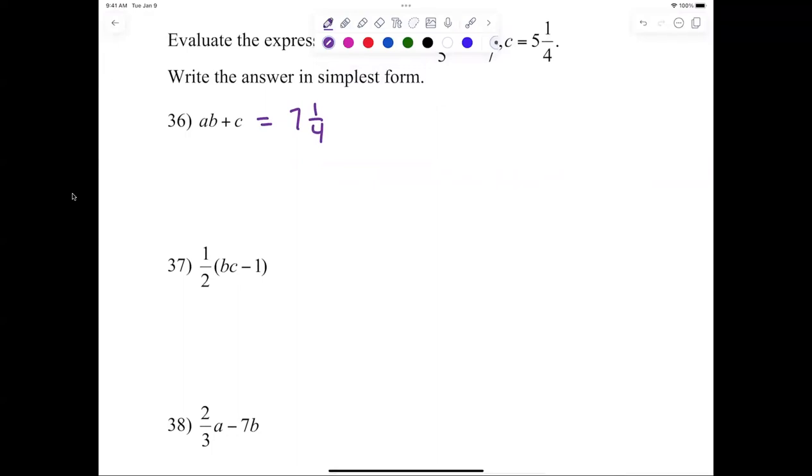You need the parentheses around the B times C minus 1. So everybody's doing 1/2 times. Does everybody agree there's open parentheses on there? Then you do B times C minus 1, close parentheses, and then hit equal.